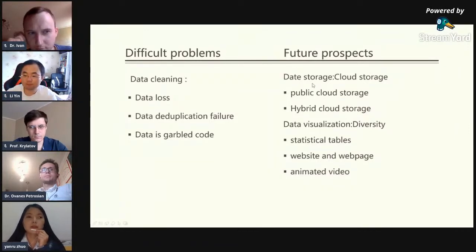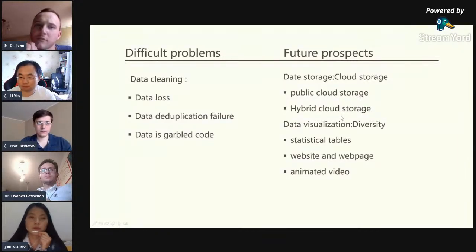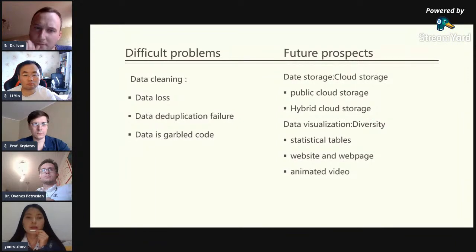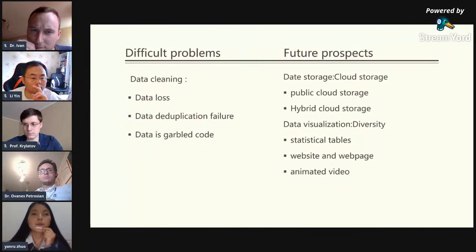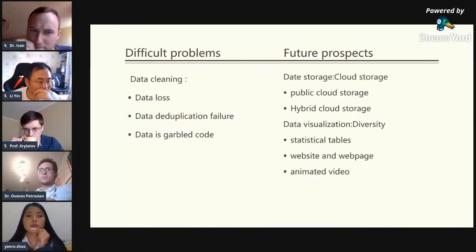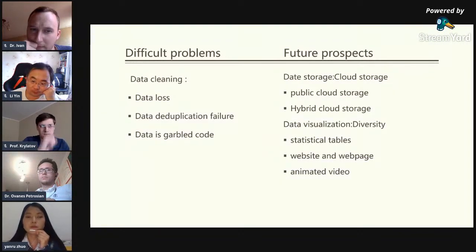Future prospects, data storage. Cloud storage adopts public cloud storage similar to Baidu Network Disk for customers and allocated memory use. It can also be divided into private cloud storage for enterprises. Hybrid cloud storage includes both public cloud storage and internal cloud storage, and the trend in the future is that it will be more popular.